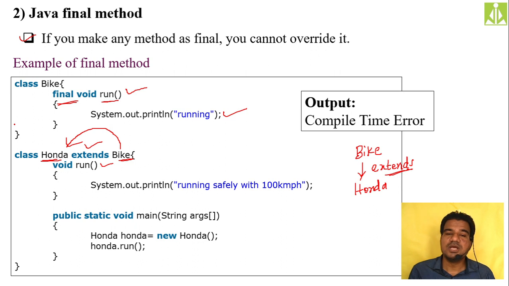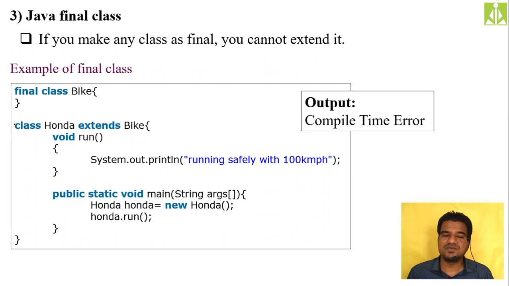So remember this. If you make a variable final, we discussed in our previous slide, and if you make a method final, we have discussed here, method overriding is completely restricted. So what happens if you make a class final?